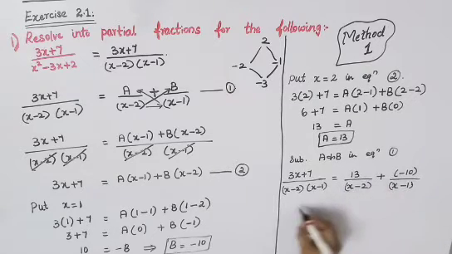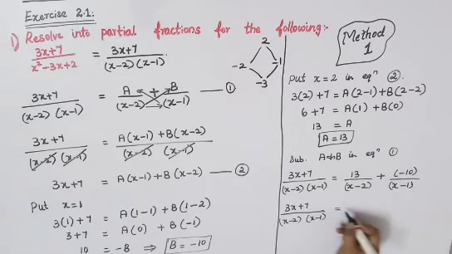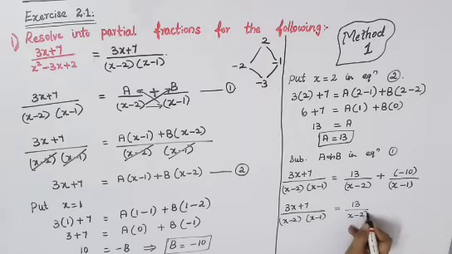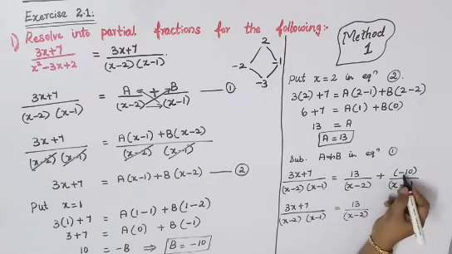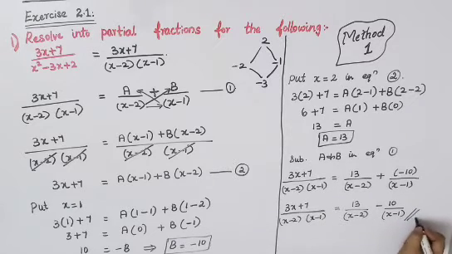So the next step is the same: 3x plus 7 divided by x minus 2 into x minus 1 is equal to 13 divided by x minus 2. Here it is plus and minus, so plus into minus it will become minus 10 divided by x minus 1. So this is the answer for your first question.